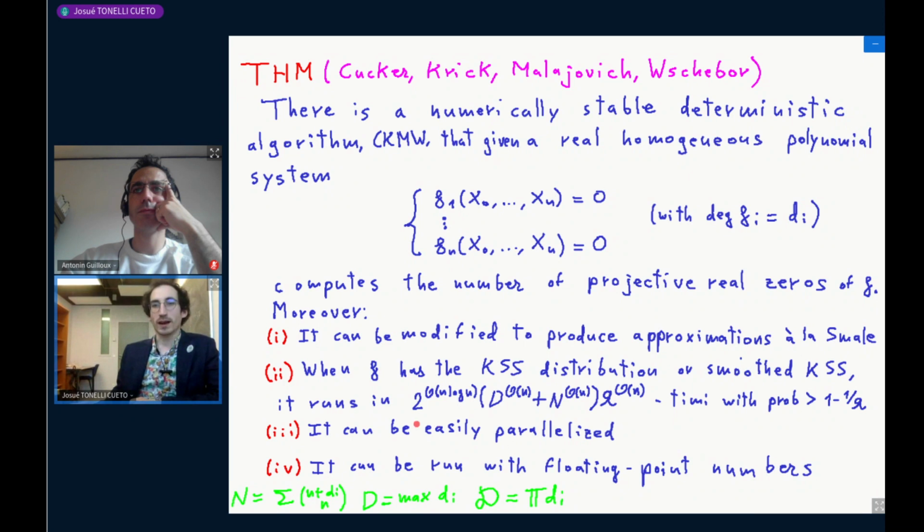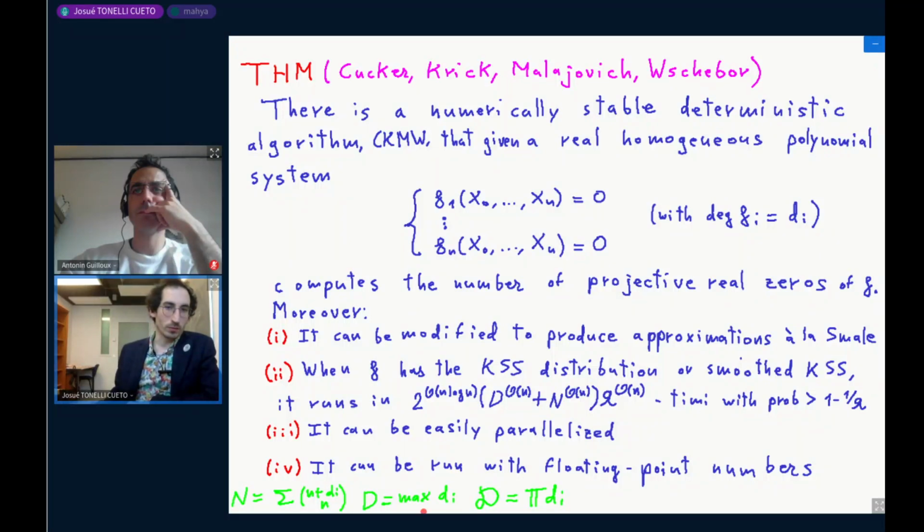Then the running time is more or less simply exponential in small n and polynomial in the degree, with high probability. Here there is this parameter, which essentially controls the success probability: the bigger this parameter, the more success probability you have, but the complexity will keep growing. Here, N is the number of coefficients of the system, counting also zero coefficients.